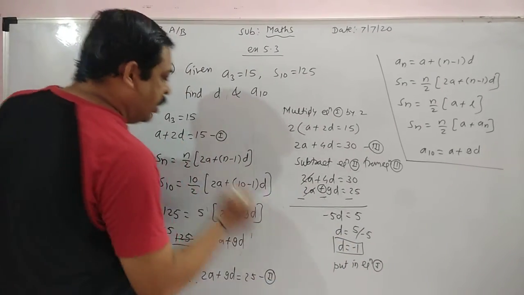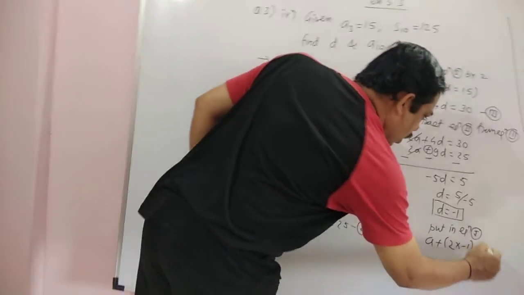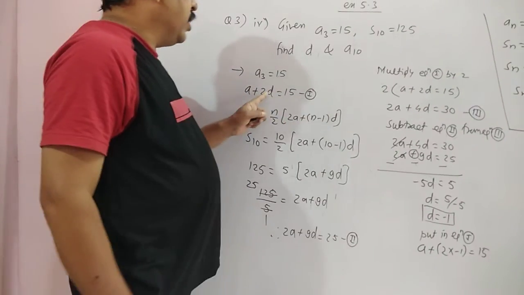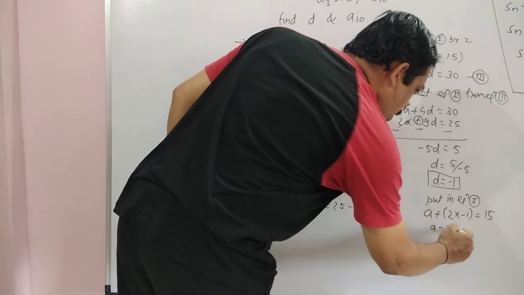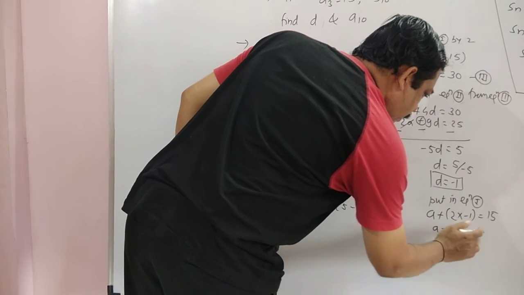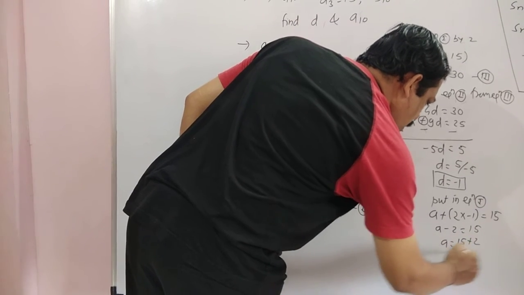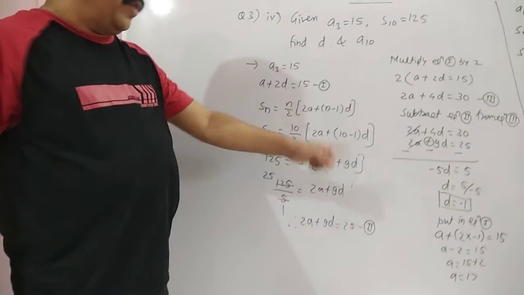Substitute the value of d. a plus 2 into minus 1 is equal to 15. I substitute that value of d in equation 1. Instead of d, I write minus 1. a minus 2 is equal to 15. a is equal to 15 plus 2. a is equal to 17. The value of a is 17.